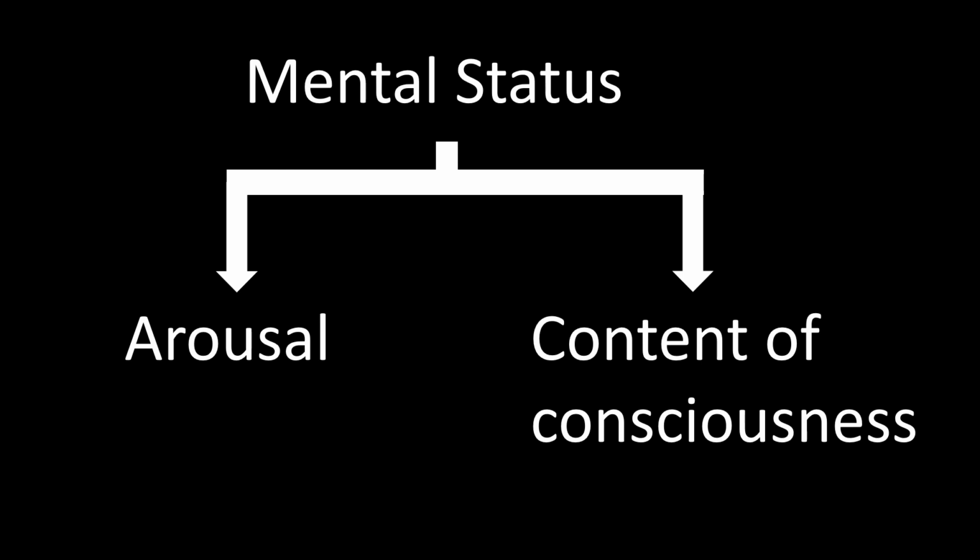So let's start. Mental status has two components: arousal and content of consciousness. In this talk, we will mainly address failure of arousal. To do so, I will introduce this anatomical model.